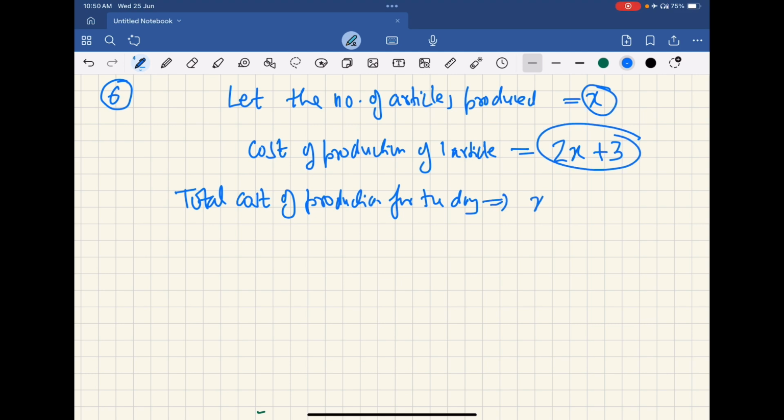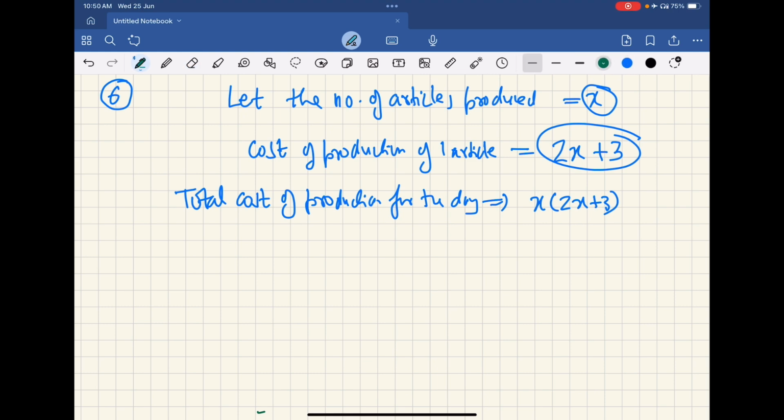So let's do that: x into (2x plus 3). According to the question, this is equal to 90. So let us equate it to 90. Again, students, this can be a case study question.